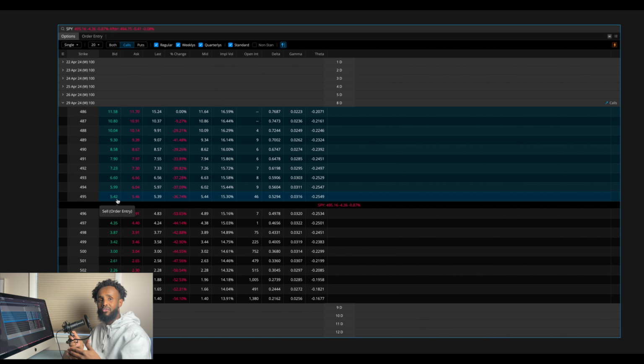If I want to stay a little bit safer, I'm going to go this way and buy contracts that are more expensive. So either 494 calls, 493 calls, or 492 calls. They get more expensive because they are less risky. These contracts will not be affected by time decay as much.